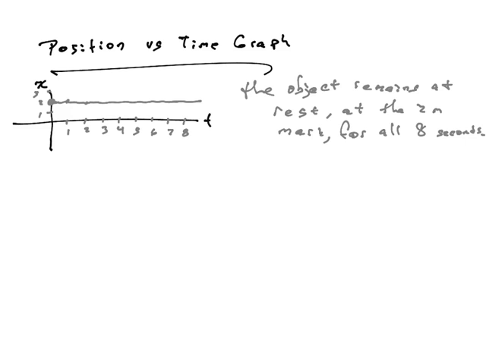From this picture, I can also get the velocity of the object. I could get the overall velocity, and I could get what's called the instantaneous velocity.